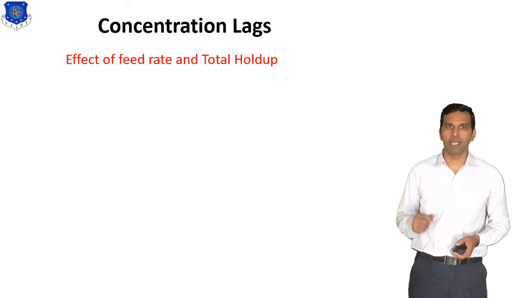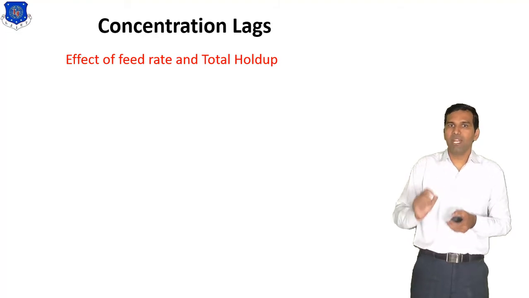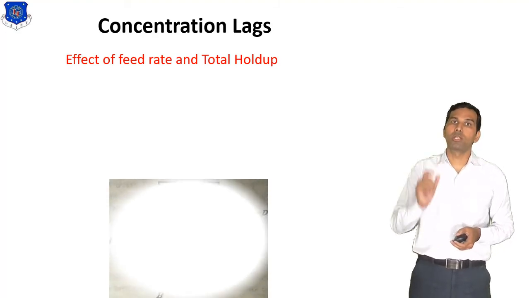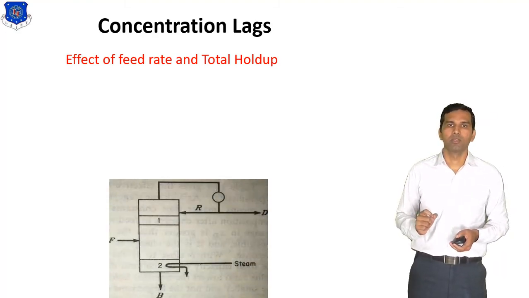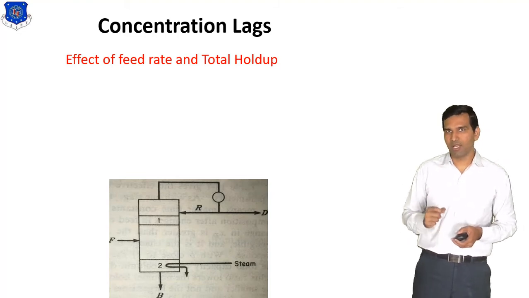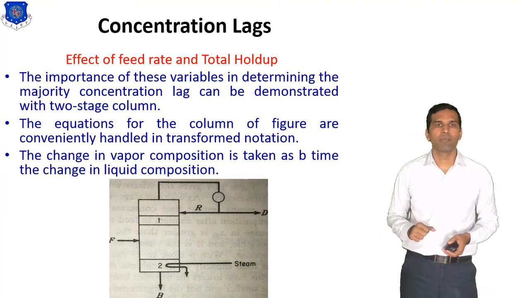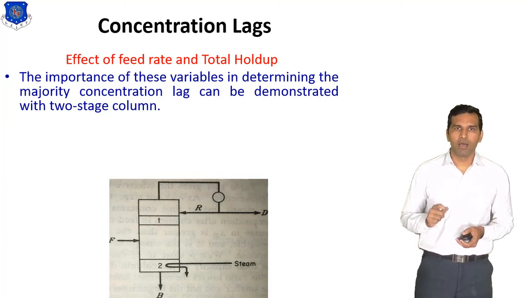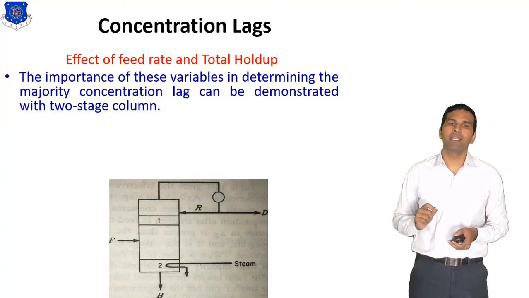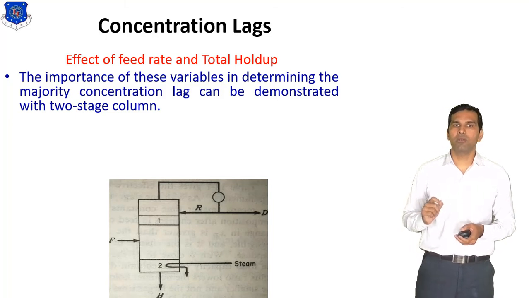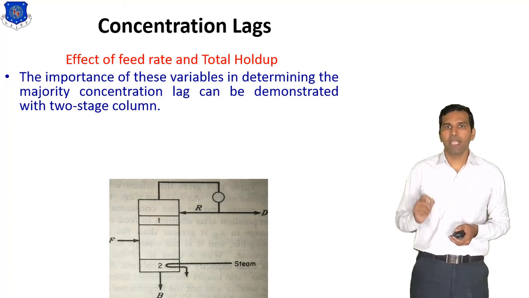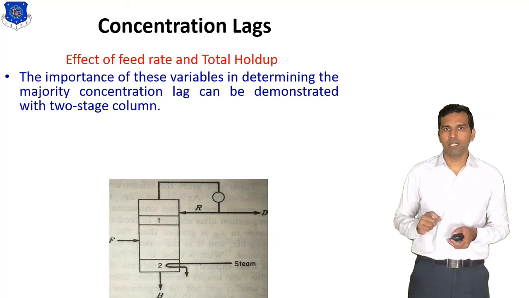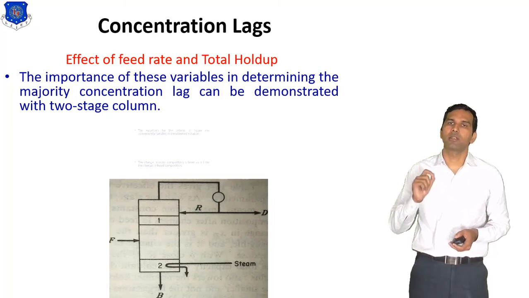Now we discuss the second effect, the feed rate and the total holdup. For that, here we consider this diagram. The importance of this variable in determining the concentration lag can be demonstrated with a two-stage column.